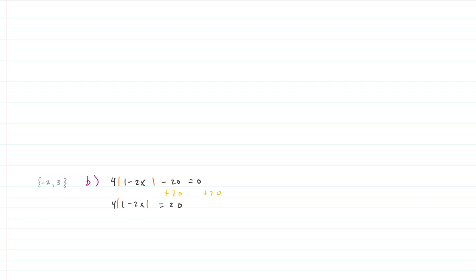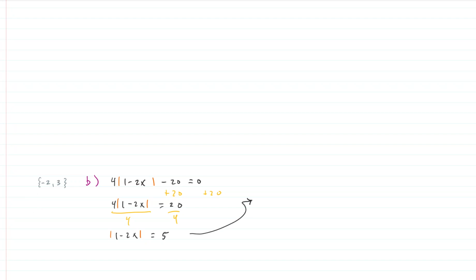We can divide both sides by 4, and we get the absolute value of 1 minus 2x equals 20 divided by 4, which is 5. Now again, we have our two options.